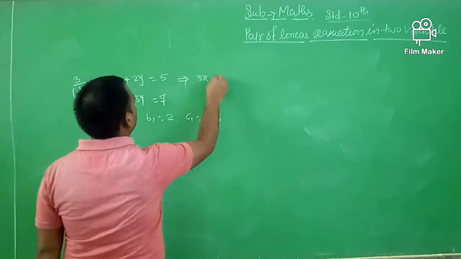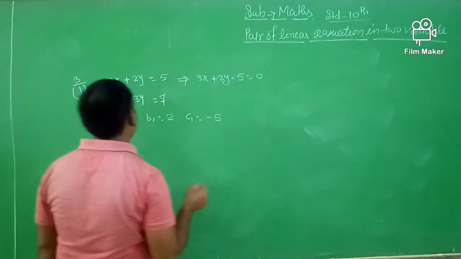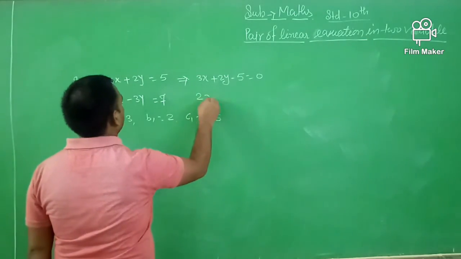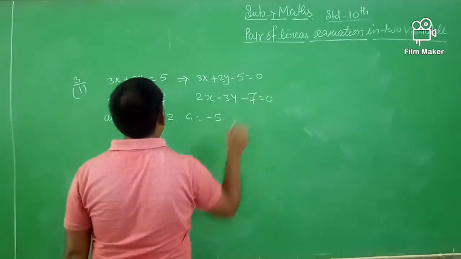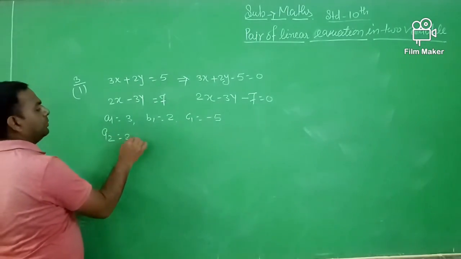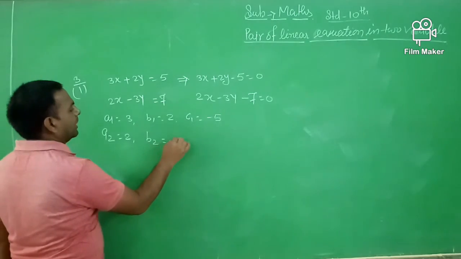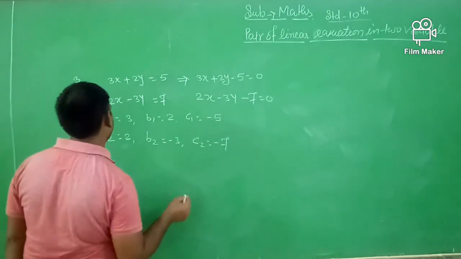This is 3x plus 2y minus 5 is equal to 0. For the second equation, 2x minus 3y minus 7 is equal to 0. Same condition, a2 is equal to 2, b2 is equal to minus 3 and c2 is equal to minus 7.